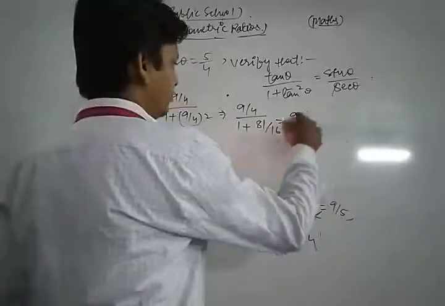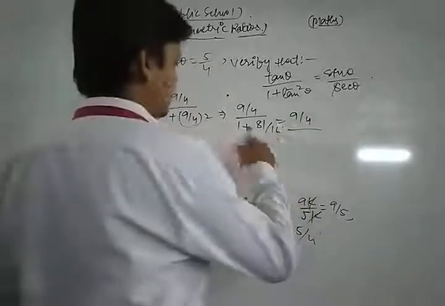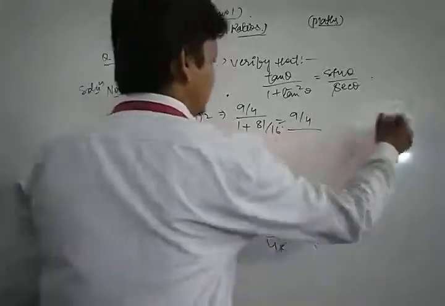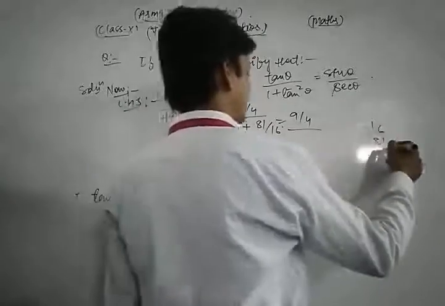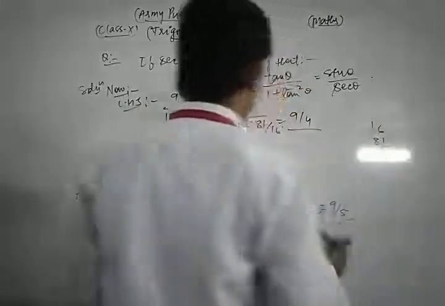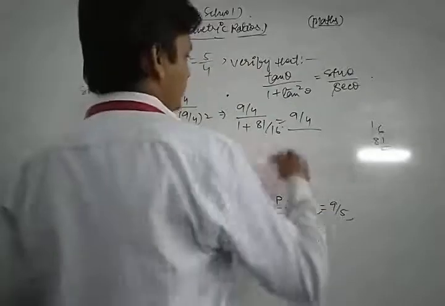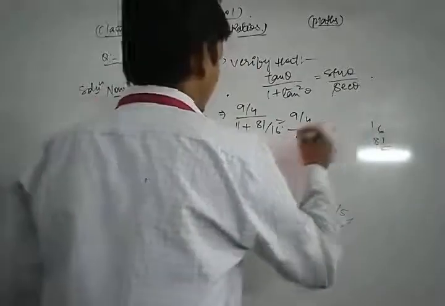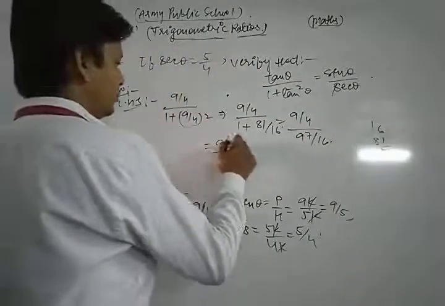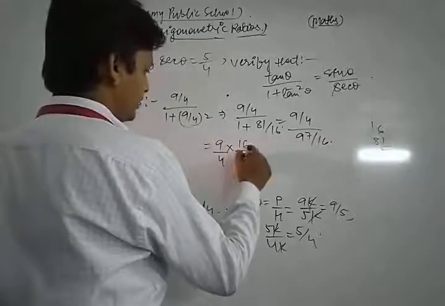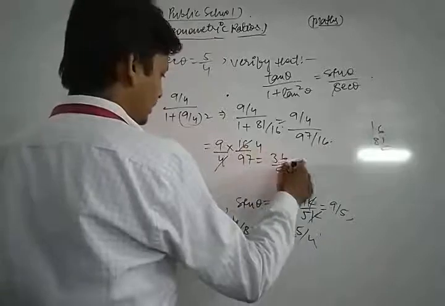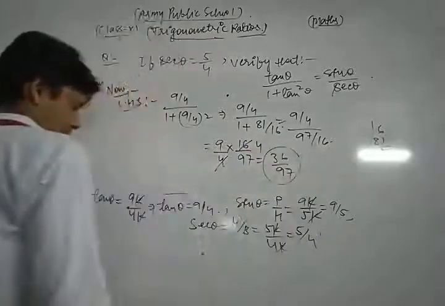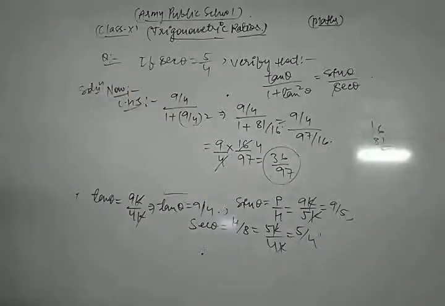This is 3 by 4 upon 16 plus 9 upon 16, that is 25 upon 16. So we get 3 upon 4 into 16 upon 25, which is 12 upon 25.